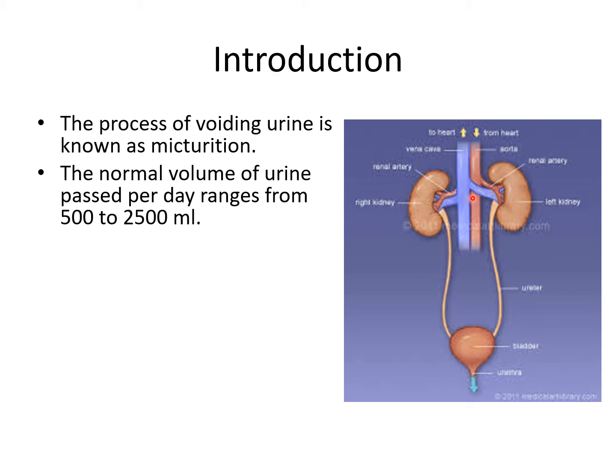Now this urine, which is formed in the collecting duct, drains into the ureter at the hilum region of the kidney.